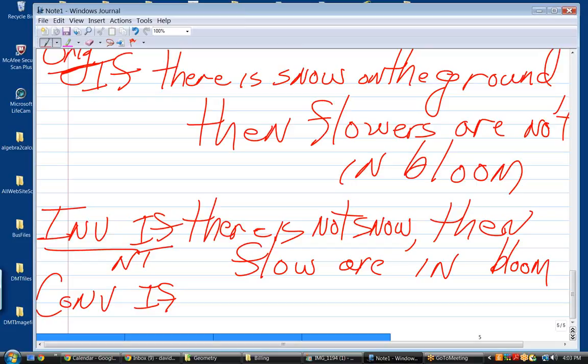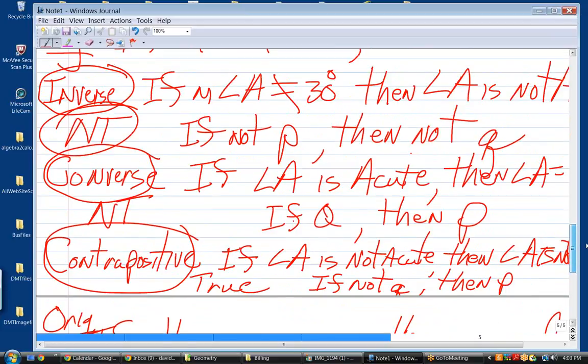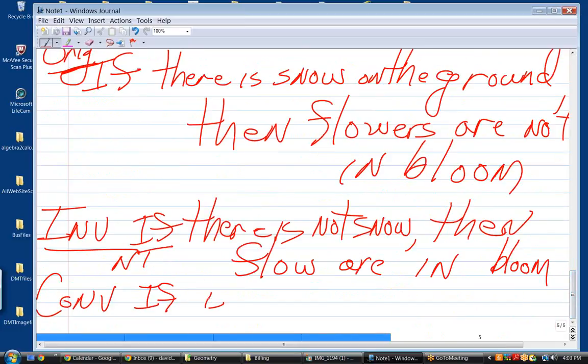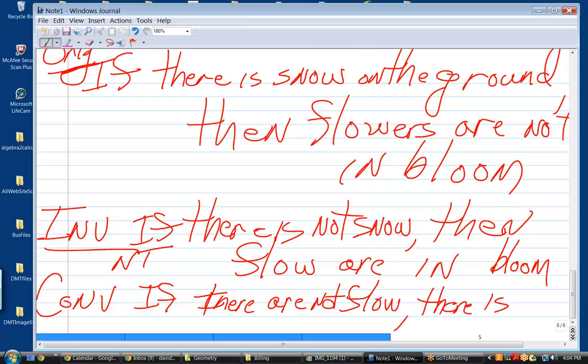Okay, what's the converse? And remember, the converse is just turning the two around. The converse is if Q, then P. So if there are not flowers on the ground, then there is snow on the ground? If there are not flowers, there is snow. Is that true? Just think about your yard.